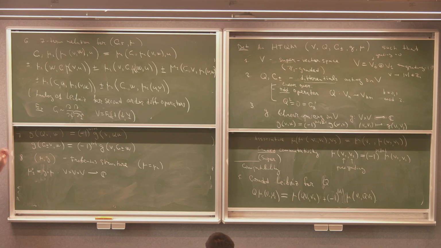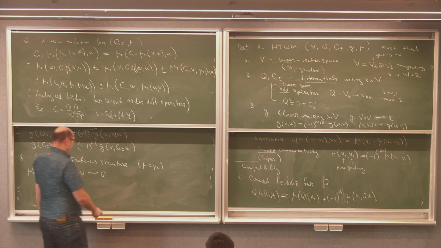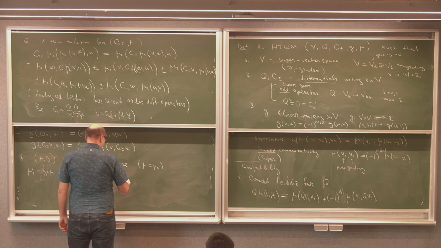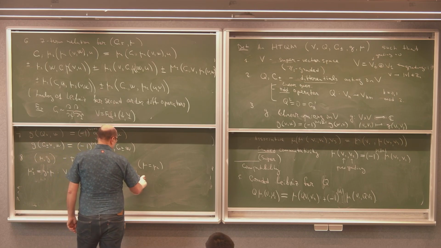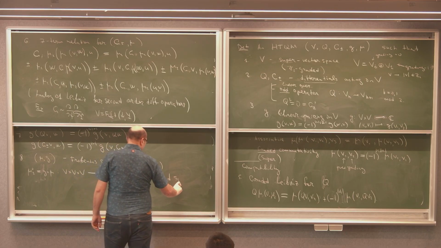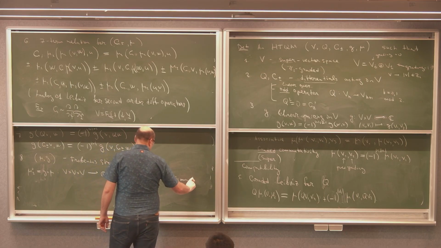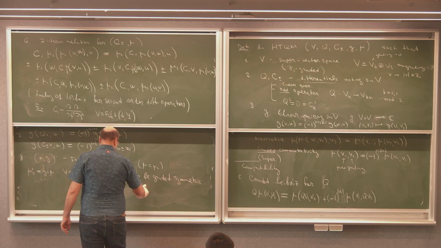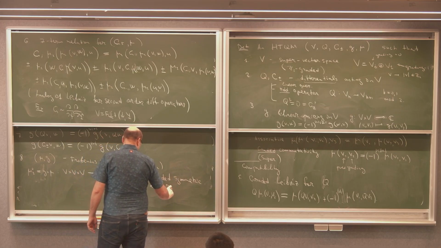So that's why we put upper script 0. So it's multiplication into numbers, and what we want is mu3 0 to be graded symmetric for all arguments.